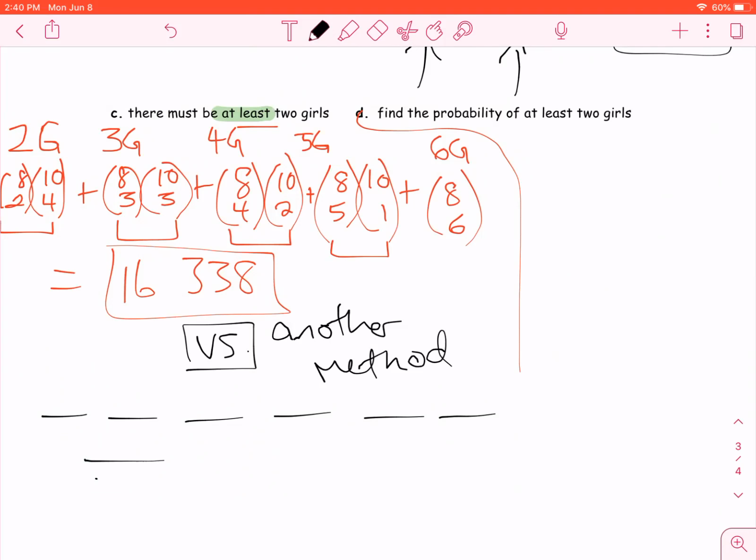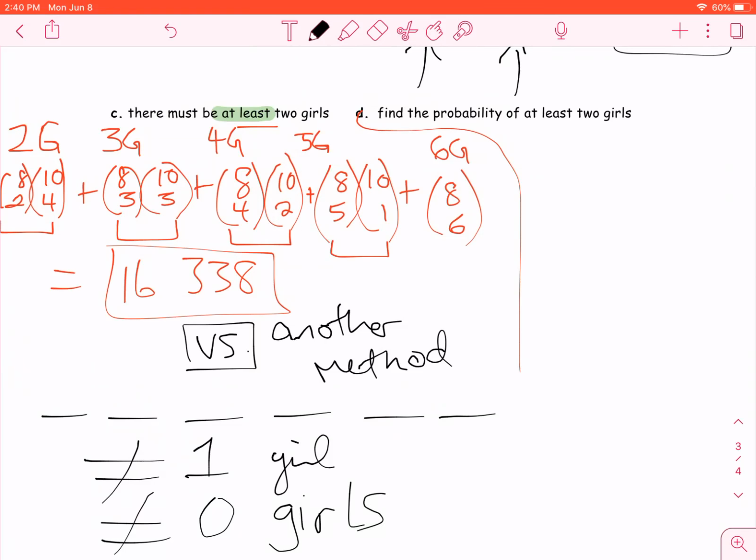So when there's 1 girl, that isn't what we're looking for. And we're not looking for when it's 0 girls either.